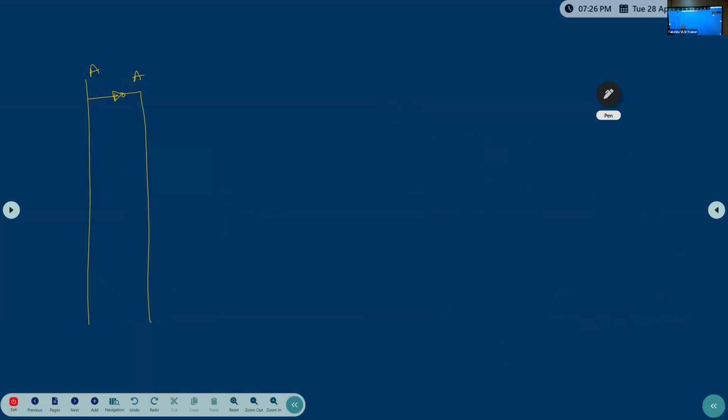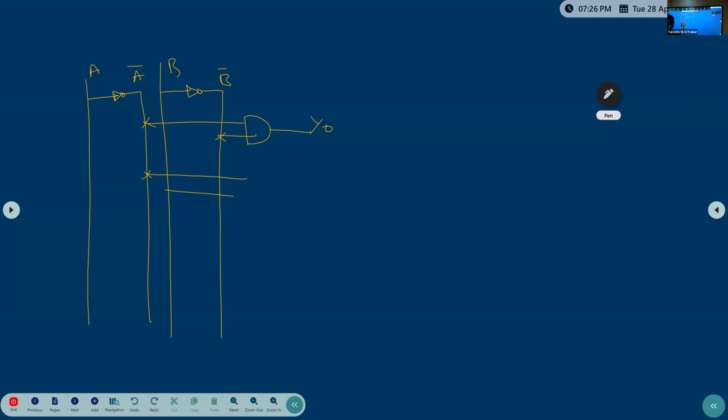A bar B, B bar. So now, A bar B bar, this is Y0. A bar B, this is Y1.